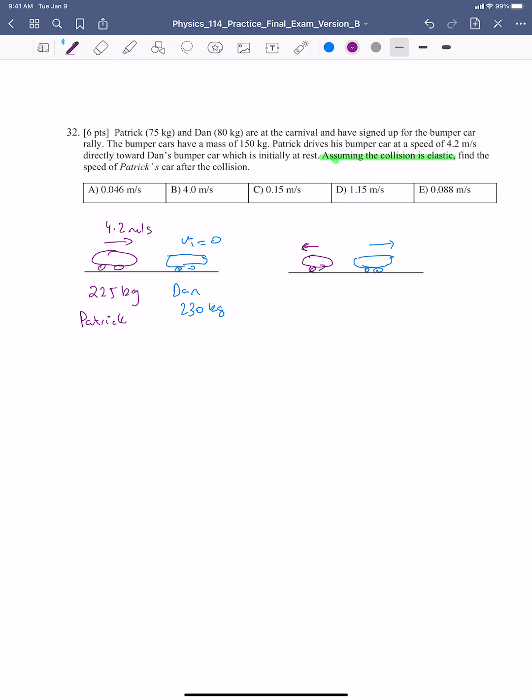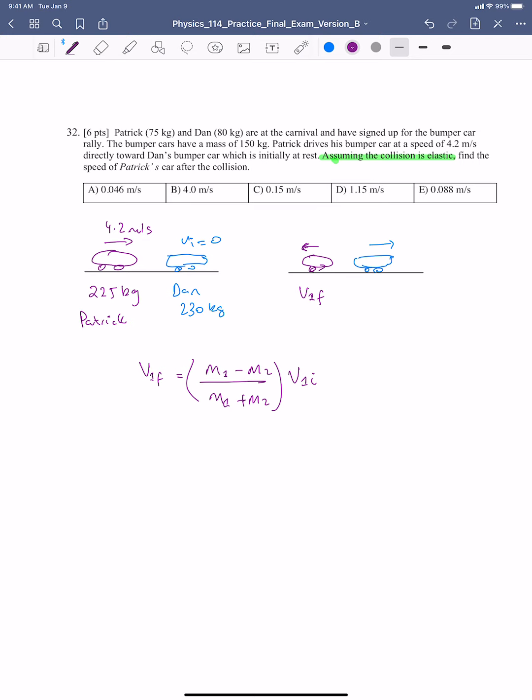So what we're trying to do is basically solve for V1 final in the elastic collision equations, the final speed of the incoming car. So V1F is equal to the difference of the masses over the sum of the masses times the initial speed. Because the numerator in this example is only 5 kilograms over the sum, we'd expect a very small number, and it'll be negative.